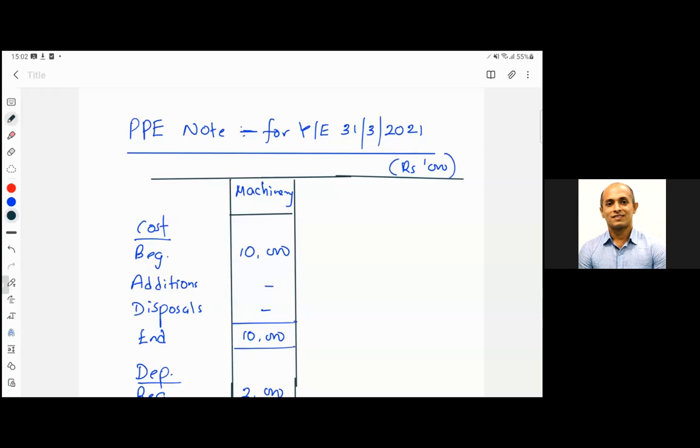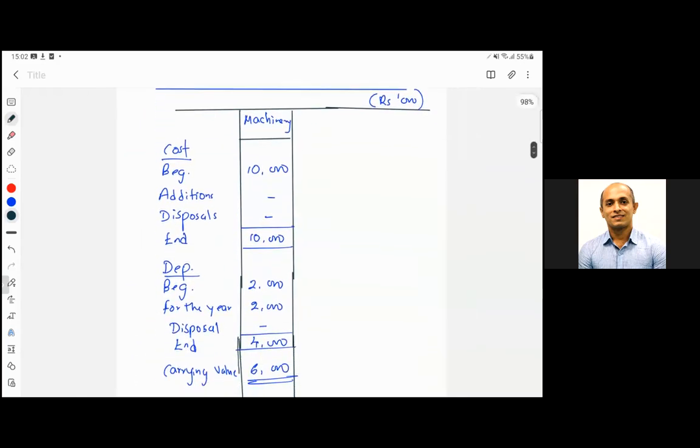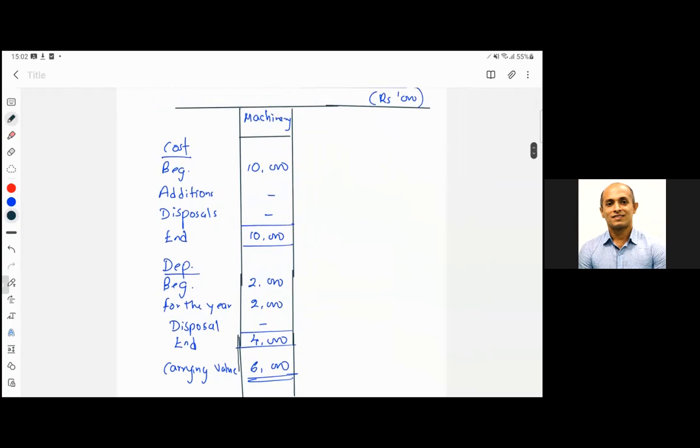Now, if you look at the property, plant and equipment note, you see that by the end of the year, the carrying value of the asset is 6000.